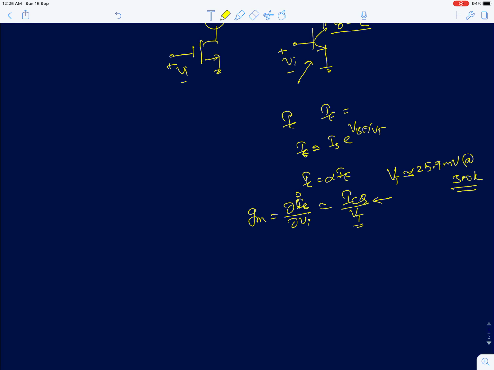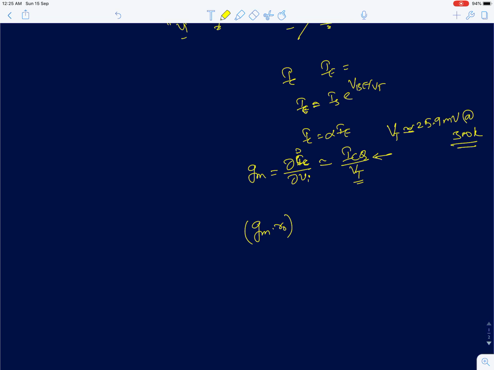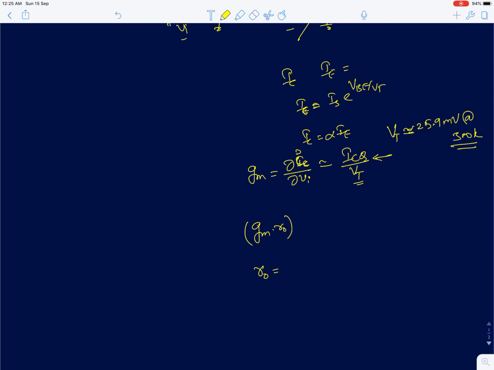The maximum intrinsic gain of a common emitter configuration is simply gm times r naught, and r naught for a BJT depends upon the early voltage VA and the collector current.